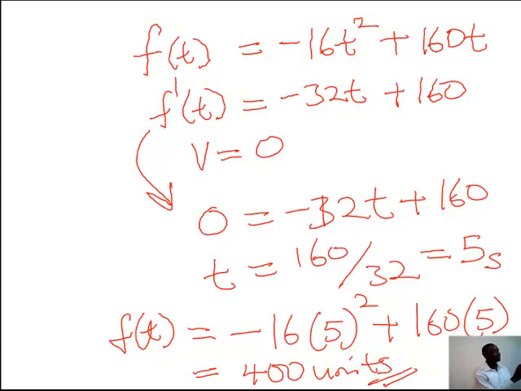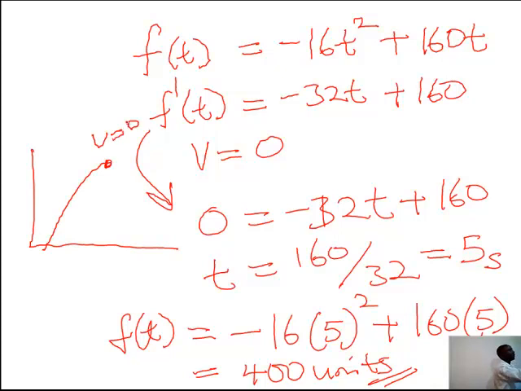I hope you get the problem I just solved, because you can just practicalize it. You throw something up, at this point your velocity will be 0, and that is your maximum height. That is, h will be maximum. Then the ball begins to drop down again. Now let's proceed.